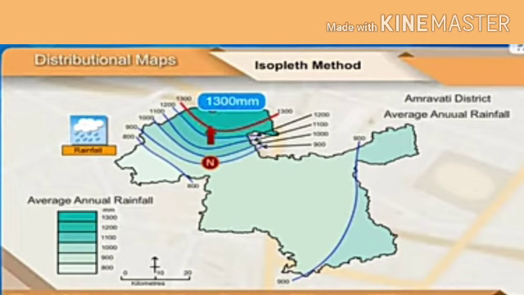In the northern part of the district, the rainfall is about 1300 millimeter, whereas we can see that the rainfall is decreasing towards the south and southeastern part of the district, and the lowest value of the rainfall in the district is 800 millimeter. Here the range of rainfall from 800 to 1300 millimeter is shown in the given map.